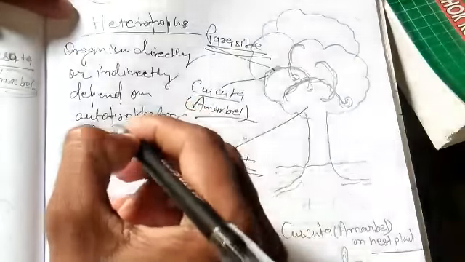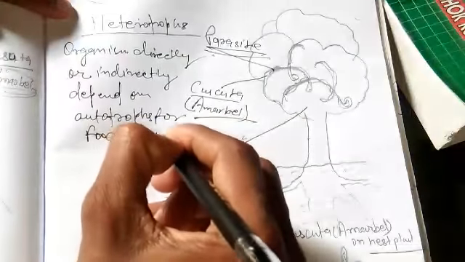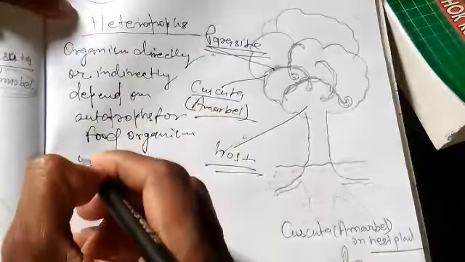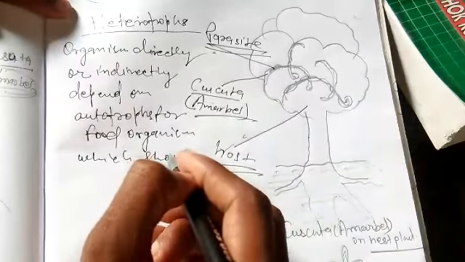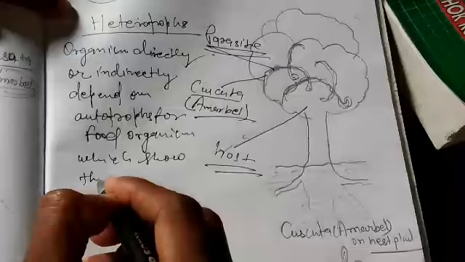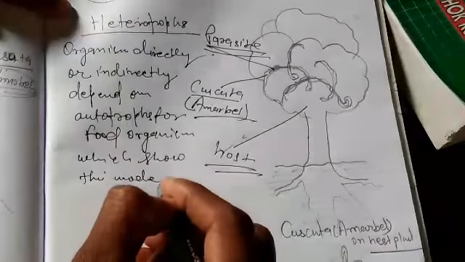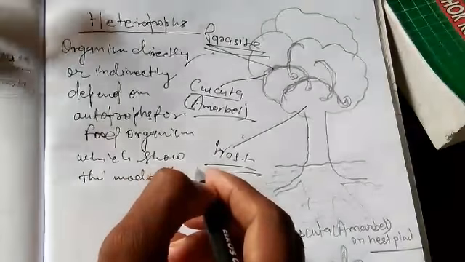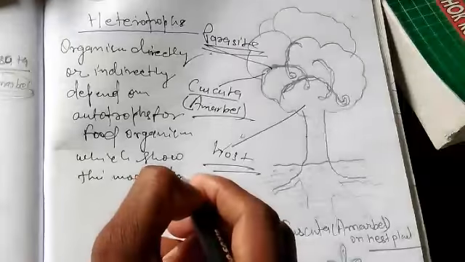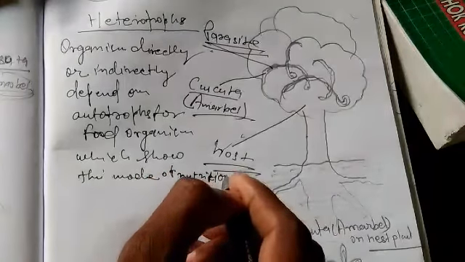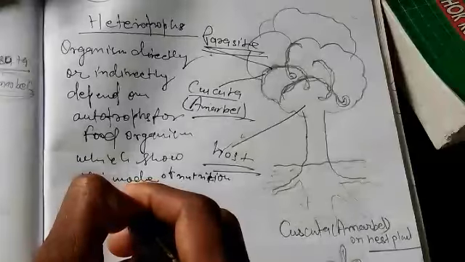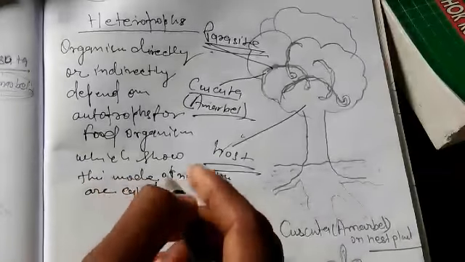Organisms which show this mode of nutrition are called heterotrophs.